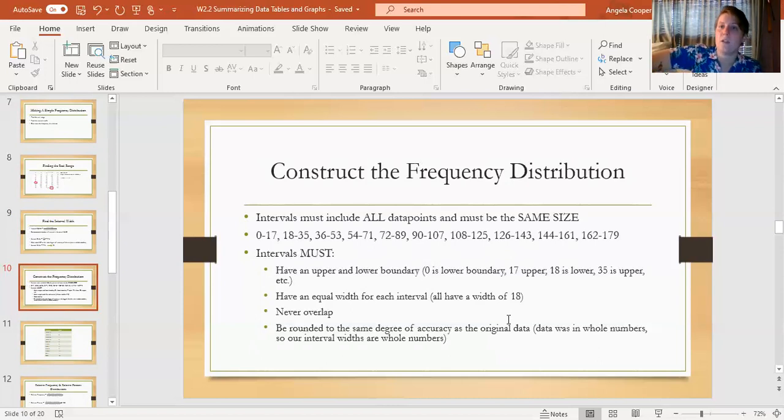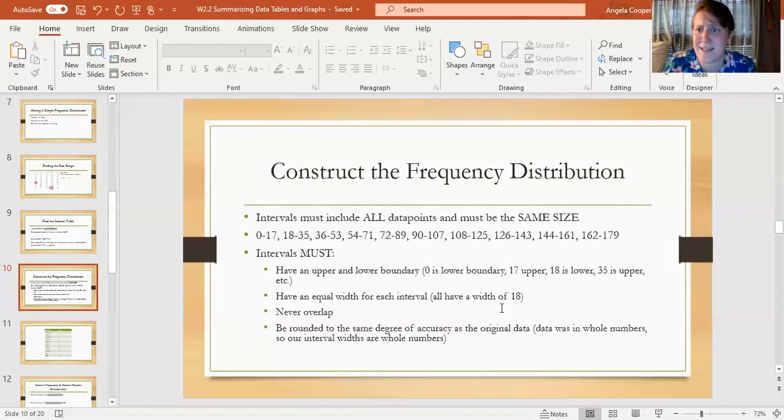So keeping in mind that the lowest number in our data set was 0, we start at 0. That's simple. And then we have 18 as our interval width. So 0 counts as a data point. 0 is 1, and then 1, 2, 3, all the way up to 17. So each interval width is 18 lengths long.